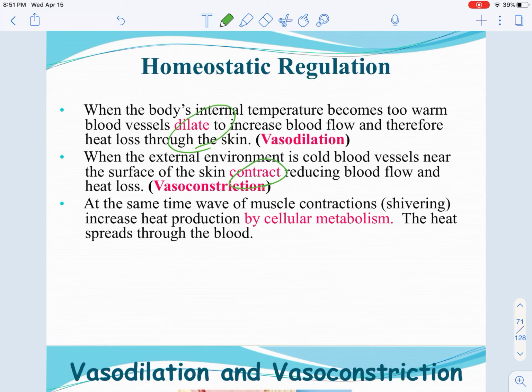If you are too cold, those blood vessels contract and they go like basically sink deeper into your like arm, and they're able to warm up.